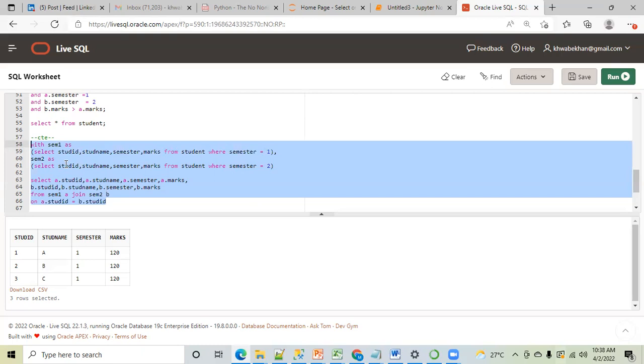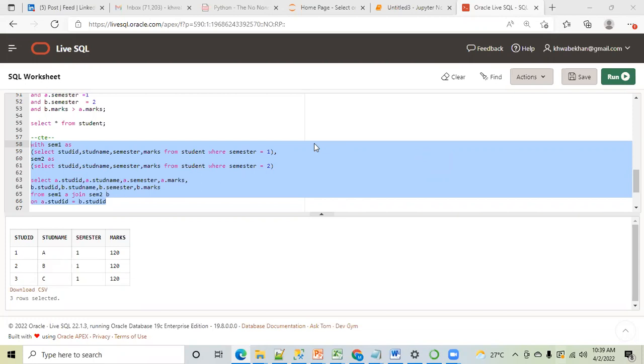There is one table where we select student ID, student name, semester marks from the student table where semester is 1. Likewise, another, sem2, is created by considering the same student ID, student name, semester marks from the student table where the where clause is semester equal to 2.